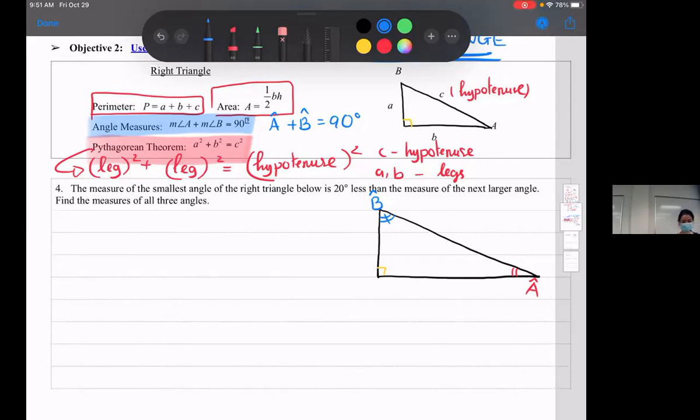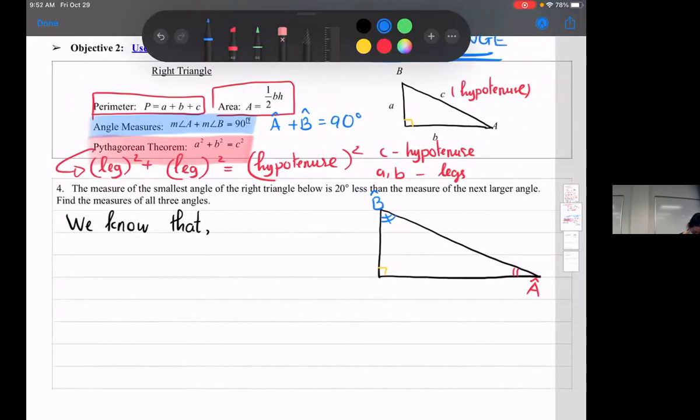So in terms of the sentence there, how would I write my equation? You know one's 90 degrees. We know that angle B plus angle A equal to what?